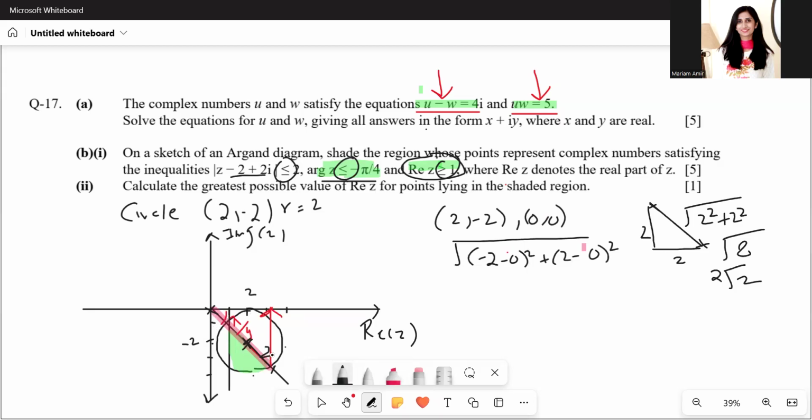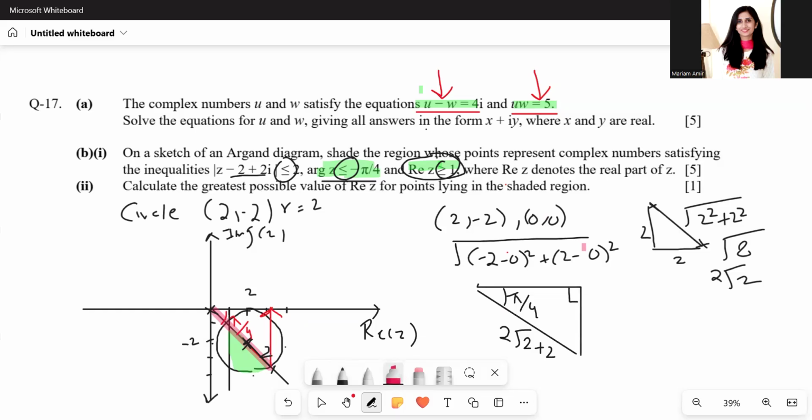So this length is 2 square root of 2 from here to here, and from here to here it's 2. So the full length of this hypotenuse would be 2 square root of 2 plus 2. And this is pi by 4, we're ignoring the sign. And this is a 90-degree angle, and I need this length. That will give me the greatest real value on the shaded region.